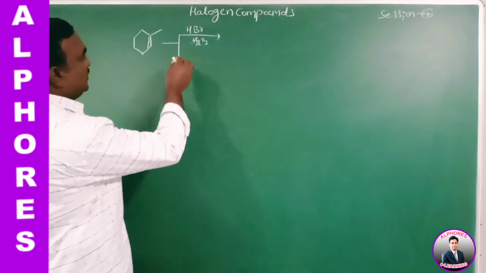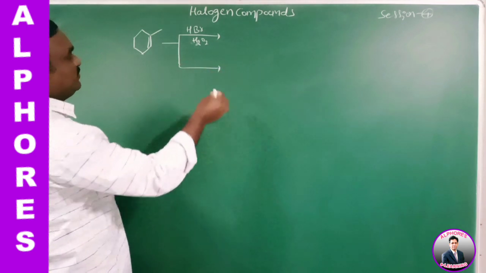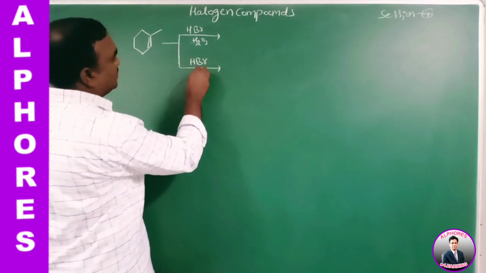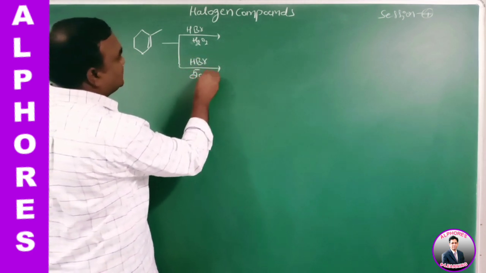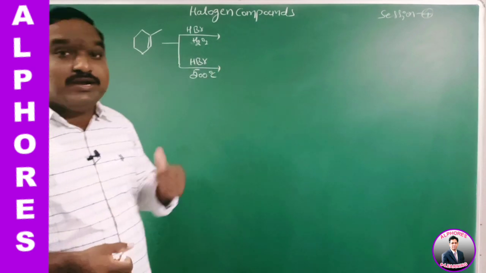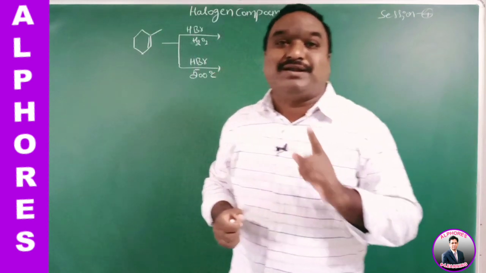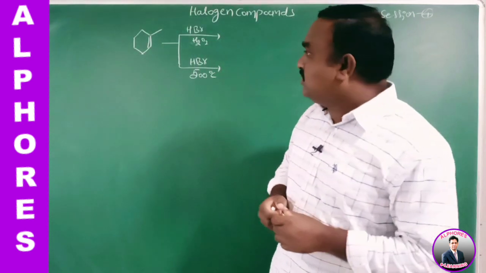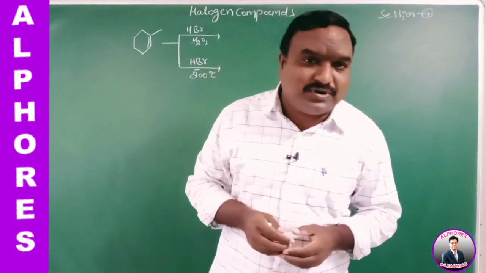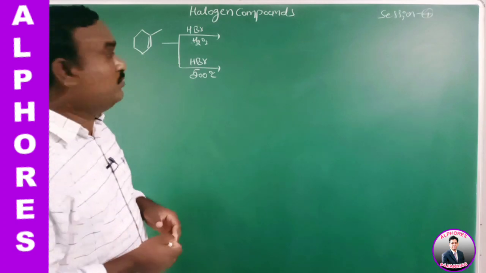Again, in the second step, HBr is given with a temperature of 500 degrees centigrade, or 773 Kelvin. Then what type of products are possible? Will they form the same products or different products? We have to see right now.